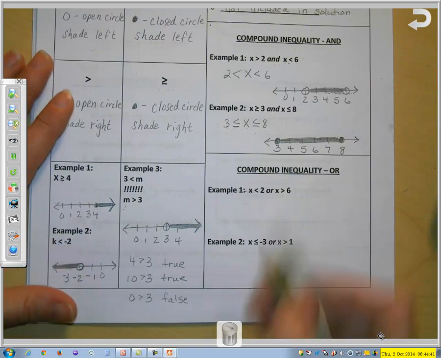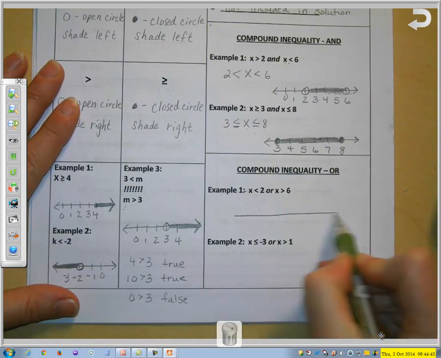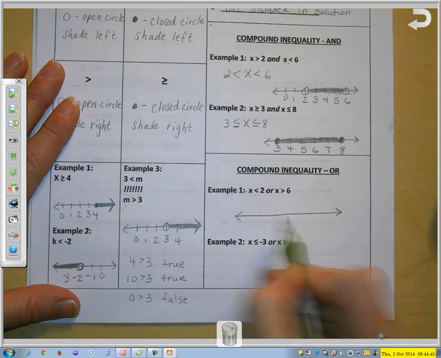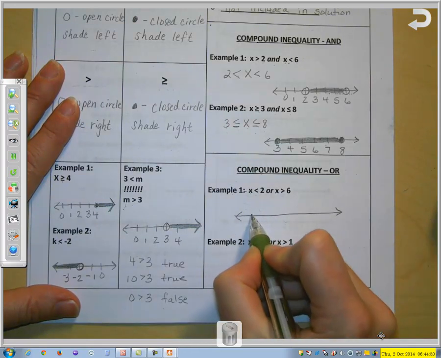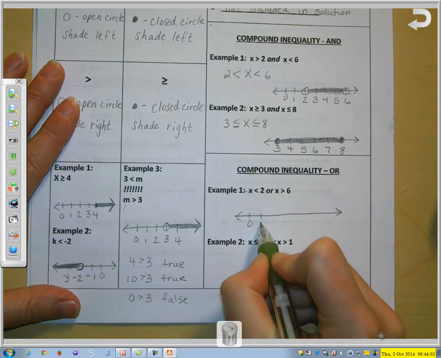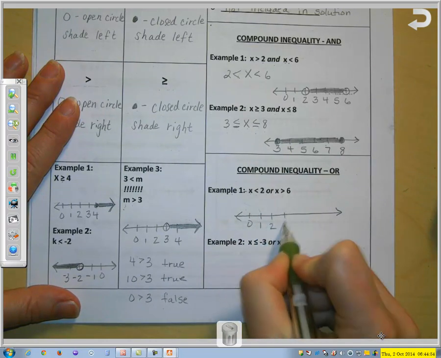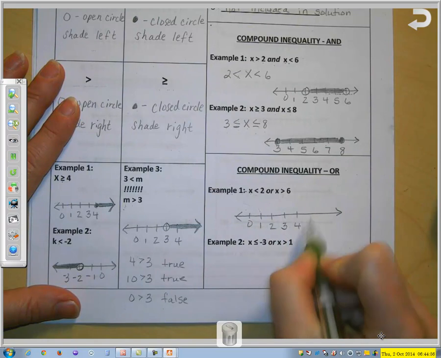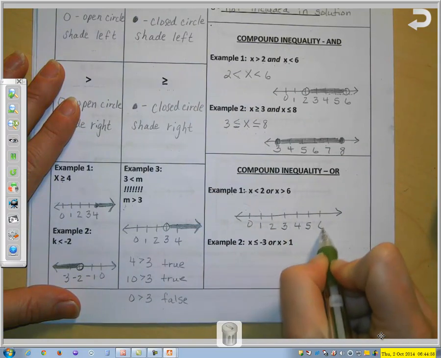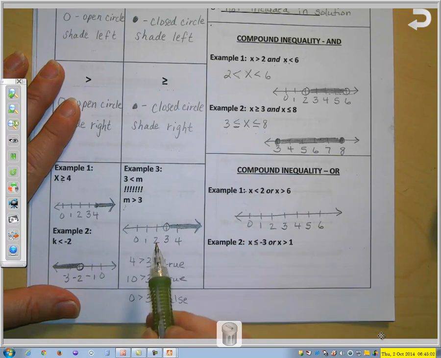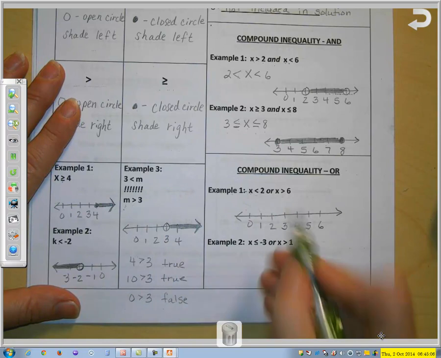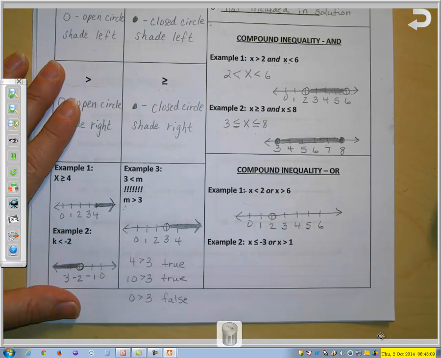Okay, so let's try to graph this on the number line. Okay, so we want to graph x is less than 2. What type of circle do we need on the 2? We need an open circle because 2 is not included in the solution.